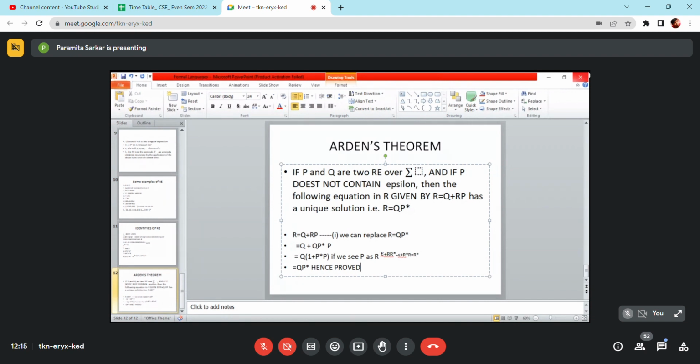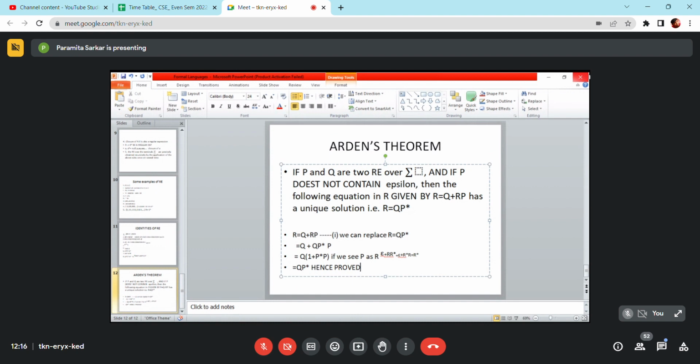Because in the second last term you can see QP square and the last term RP cube, so in the second last term the power is n minus 1. If you take n, then the last term will be n plus 1.